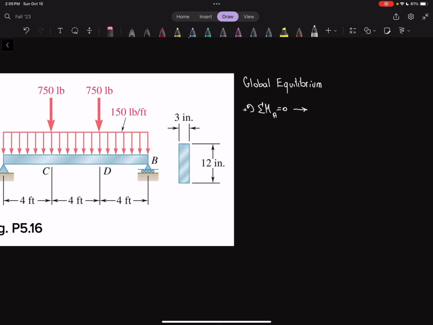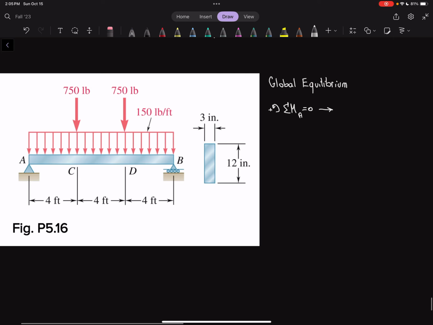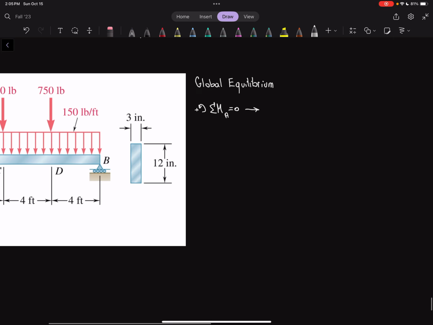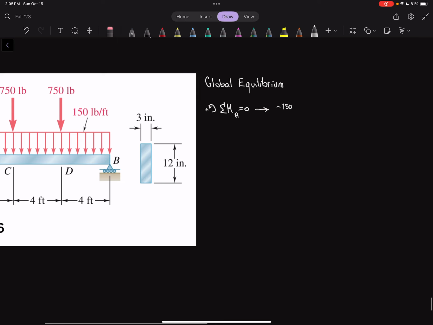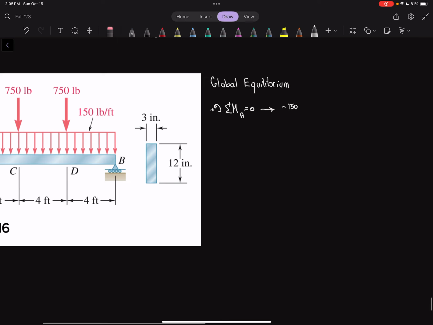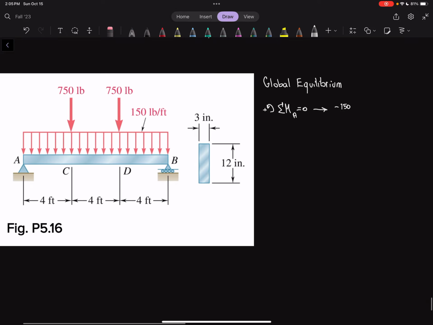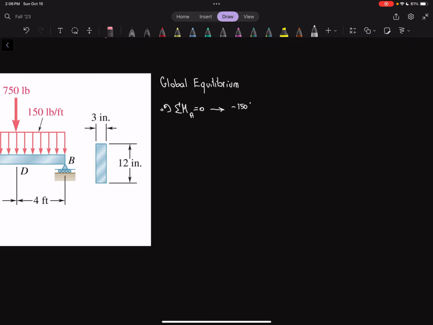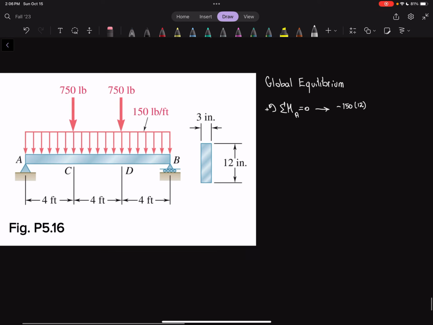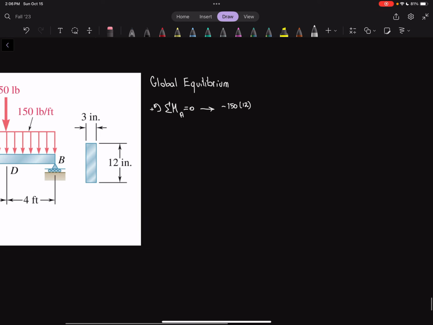because it's not moving. And so we're gonna have what, minus 150 times its area, which is 4 and 4 and 4, which is 12. At what location? In the middle, so that's times 6.